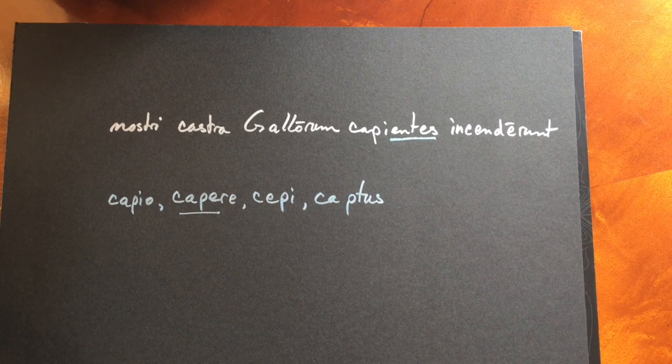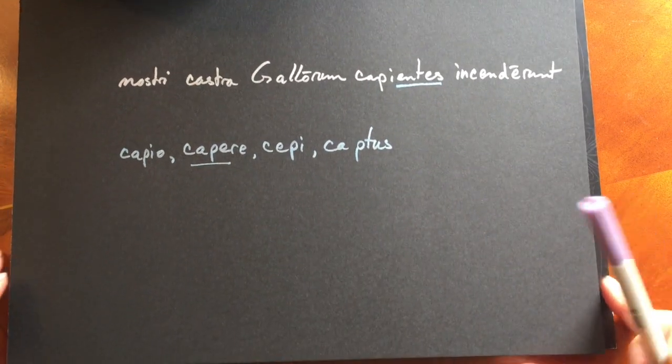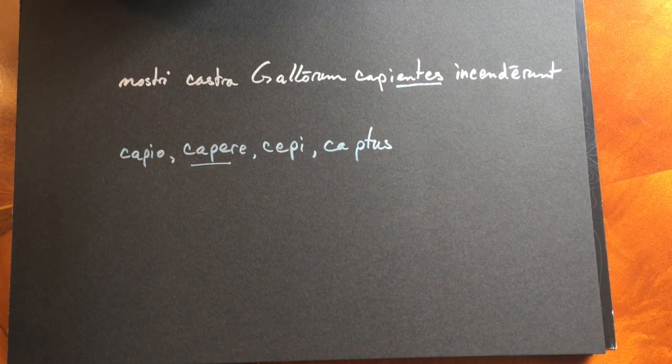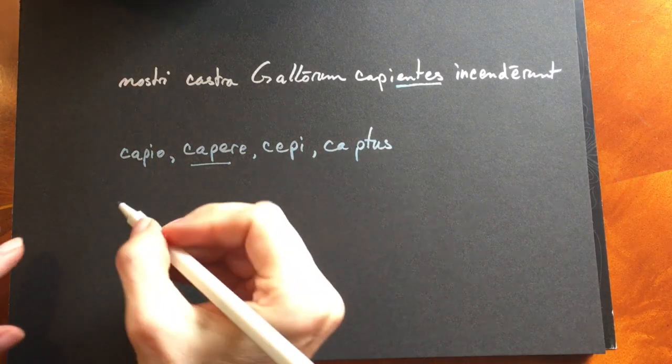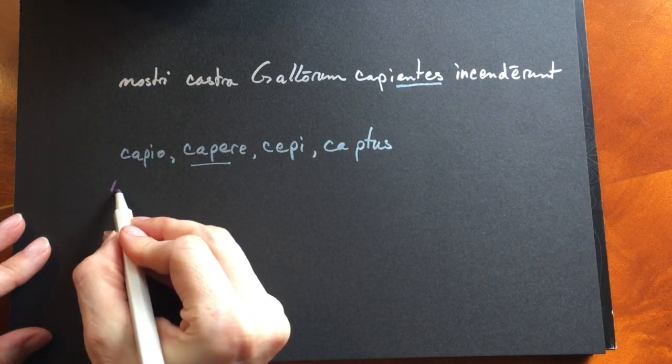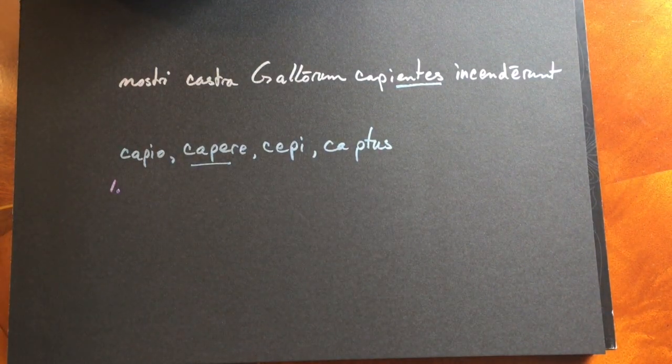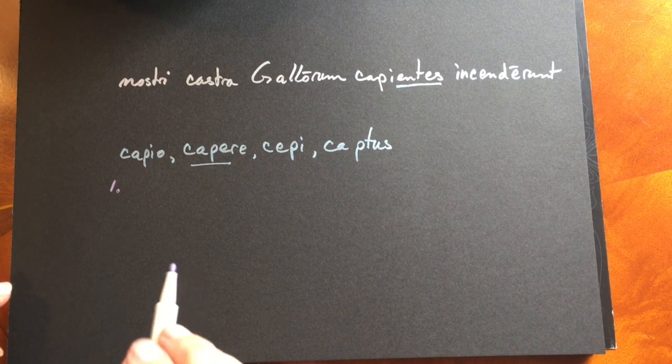There are two ways that we can express this in English. The first one will be to use an English present participle.